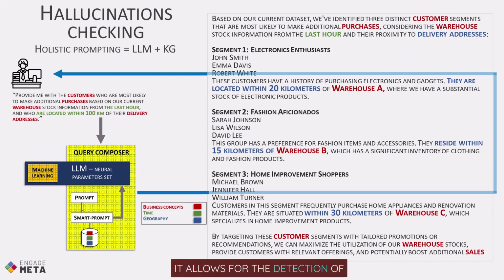It allows for the detection of potential hallucinations and helps the user have a better interpretation of the LLM answer. Of course, for business-oriented user prompts, it's not possible to let hallucinations go without any compensation processes. The query composer, by relying on semantic management, is a good solution to balance LLM and reliability factors. Finally, we can confirm that LLM plus knowledge graph leads to holistic prompting.